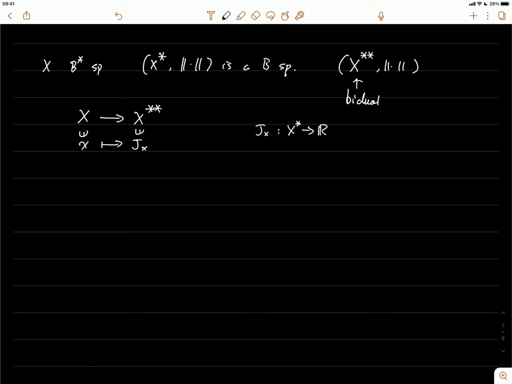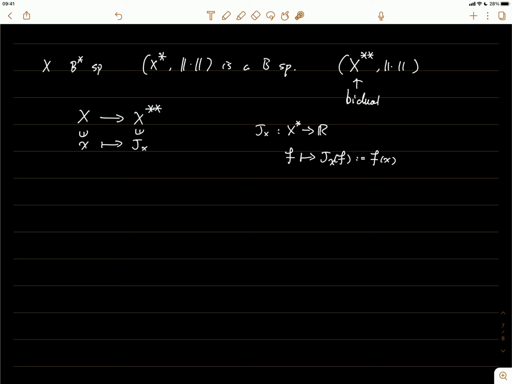So for any element f in X star, which is a bounded linear functional on X, it will be mapped to Jx of f. And how do we define this Jx? It is defined as the function f evaluated at this x.